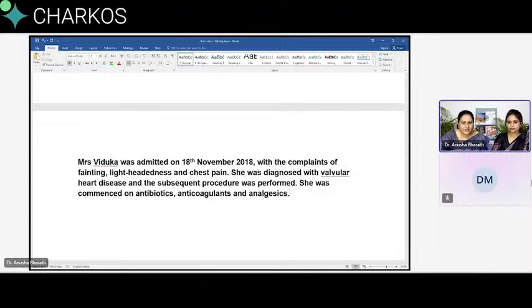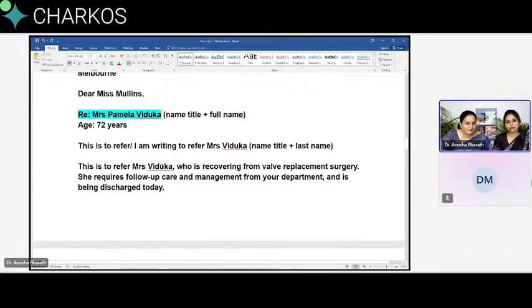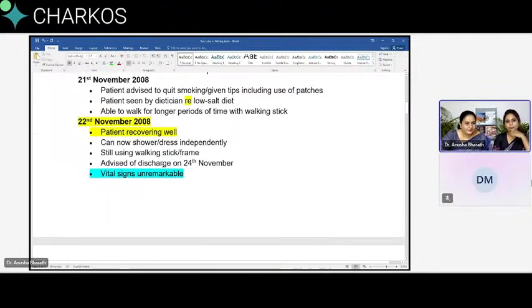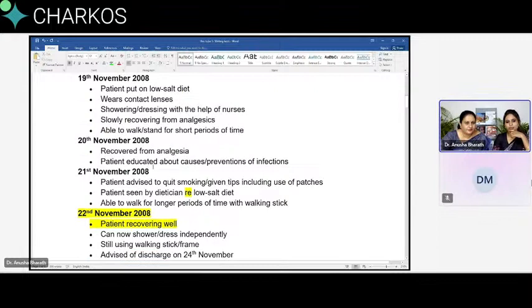What else was done during her stay in the hospital? In the hospital, she was actually educated about causes and preventions of infections. Yes, Priyanka has replied. During hospitalization, she was commenced on antibiotics, anticoagulant, and analgesics. Good. Therefore, she underwent the surgery. Good.